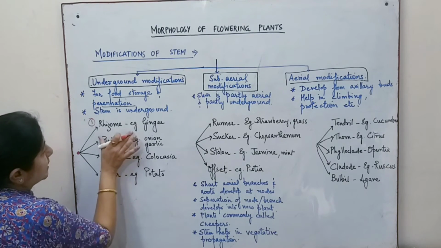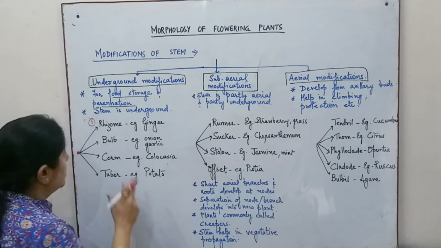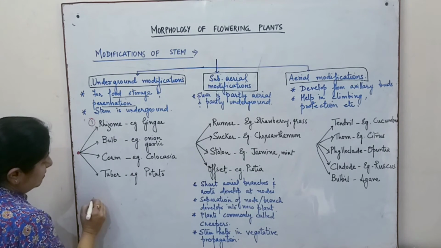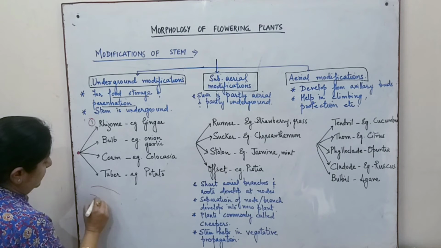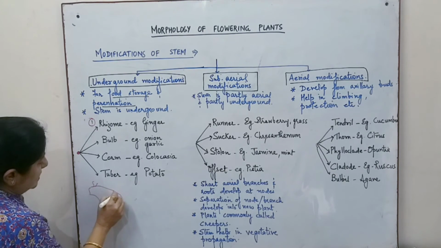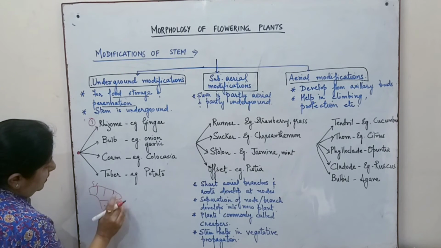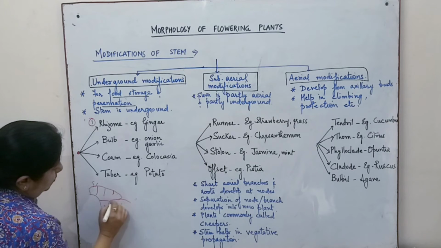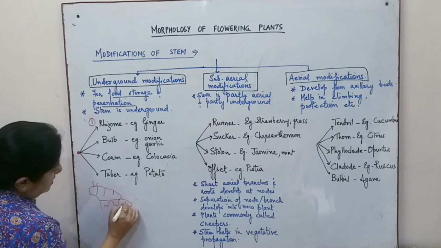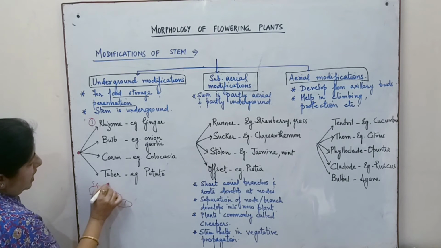A common example of rhizome is ginger. The rhizome is an underground stem where you find several roots and there are several nodes and internodes. The space between these two is the internode and over here is the node.